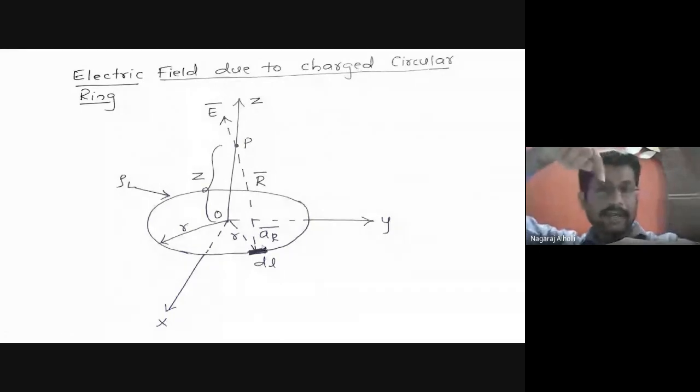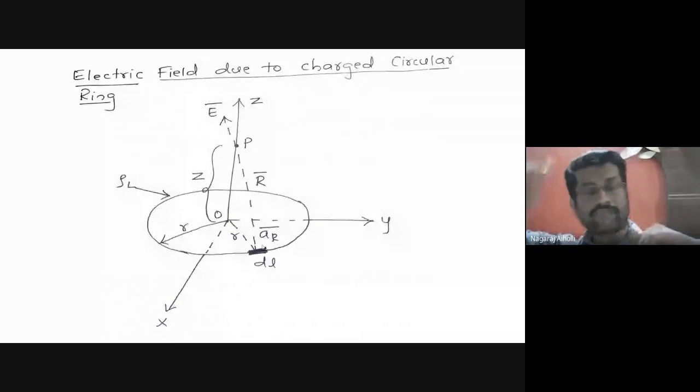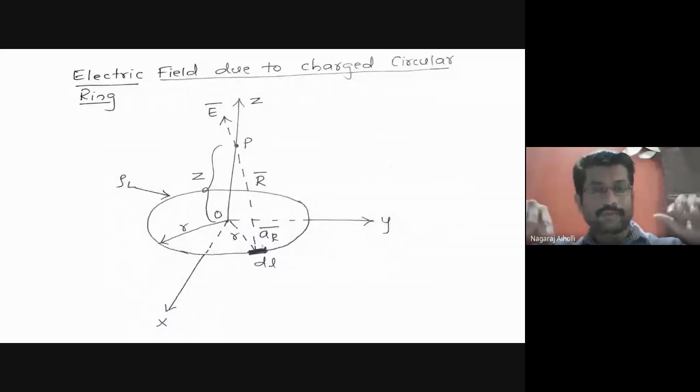If it is parallel, then what will happen? Consider any point on the floor of your room where you are sitting. From that point to the origin and to the point P on the z axis, is it forming a right angle triangle or not?